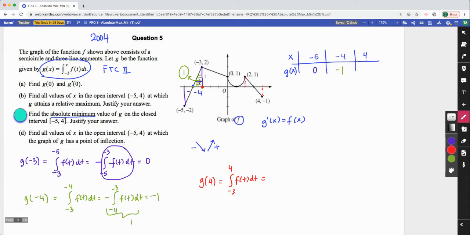So let's get started here. I can find the area of this trapezoid first. This is going to be 1 plus 2 times the height, which is 3, divided by 2. So this is 9/2. I have a positive 9/2. Let's go ahead and find the areas right here. So understand that this is going to be the rectangle minus a semicircle, which will give me these remaining areas, right?